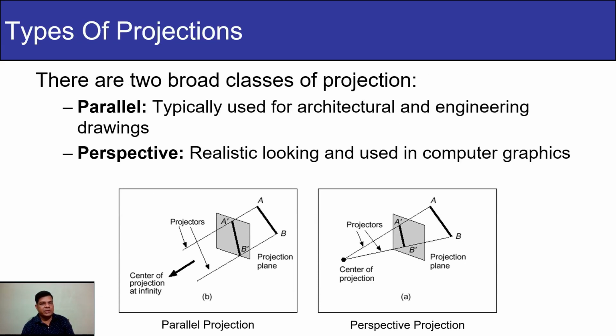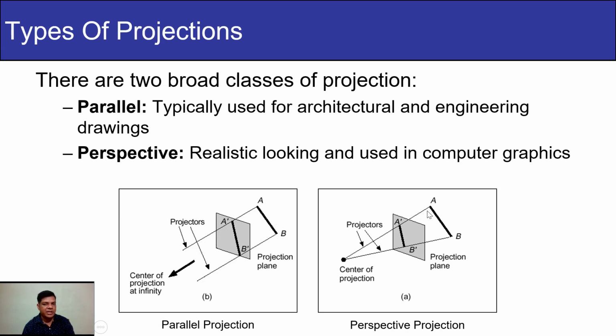So projections are of two types. First is parallel projection and second is perspective projection. When the projection lines are parallel, as you can see in the figure, it is called parallel projection.